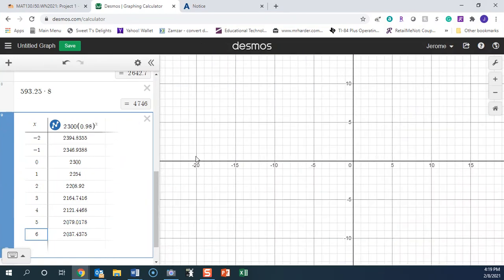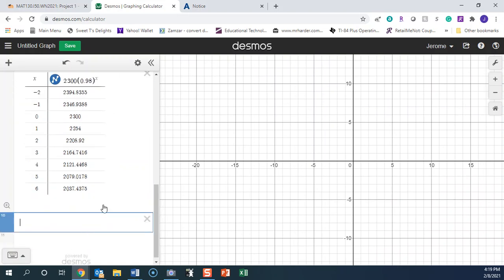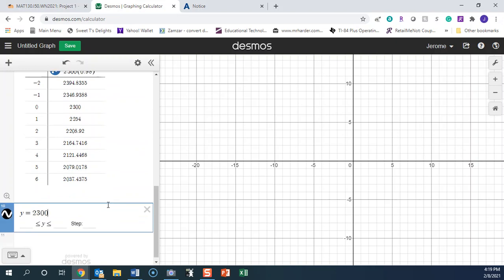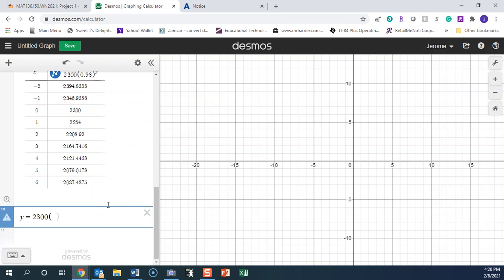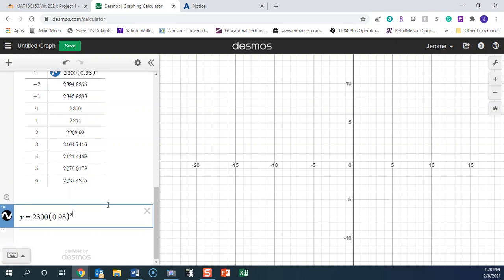All right. So what we could do is this here. Let me type this out. If we did y is equal to 2300, then parenthesis 0.98, close the parenthesis, then take it to the x power.